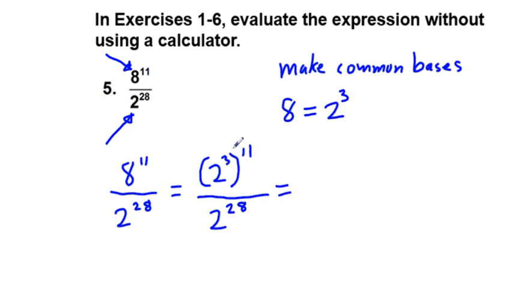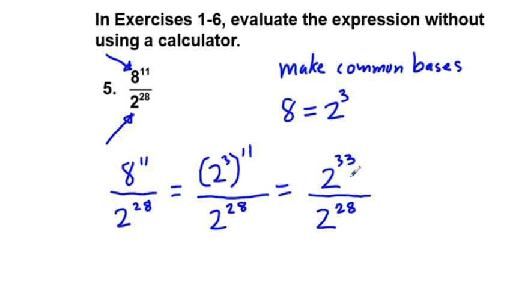And using the rule of power, this 2 to the power of 3 raised to the 11th is going to be 2 to the power of 3 times 11, which is 2 to the power of 33. And we bring down 2 to the power of 28.